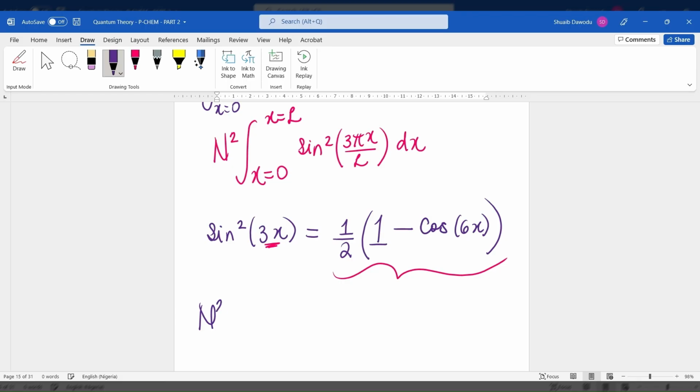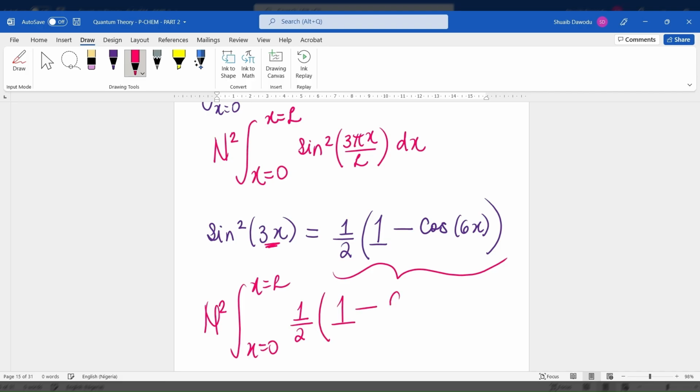So that would be n squared, x equals 0, x equals L, okay? 1 over 2, multiplied by 1 minus cosine of, you have 6x, that would just be 6, we have pi, we're not throwing away the pi because it's still part of the question. So 6 pi x. So we have successfully written the 6 and the x here.